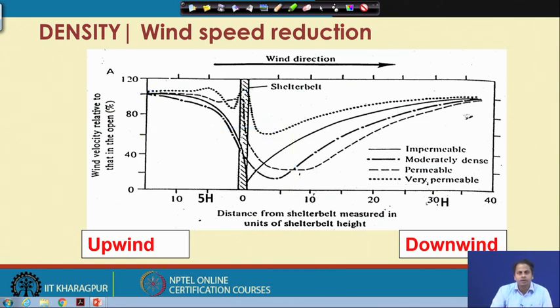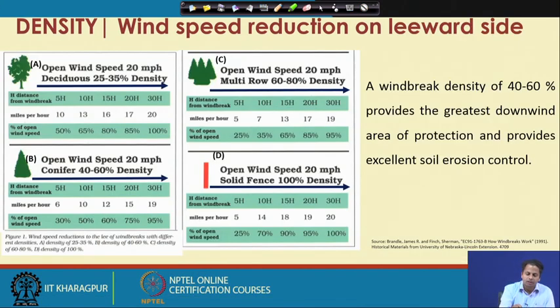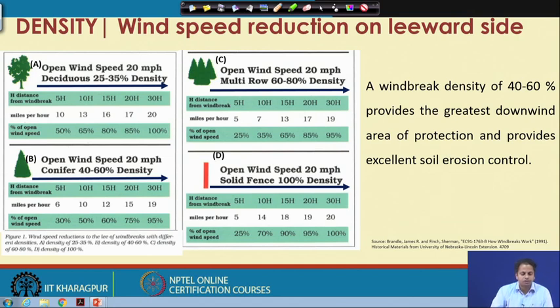So, the effectiveness of the windbreak depends on the porosity or density, on what kind of material and what kind of species we use as a windbreak. If we use moderately dense and permeable material, we can achieve the maximum length of protection. We will see this in the next slide as well. This slide shows 4 cases in which we are varying the density.